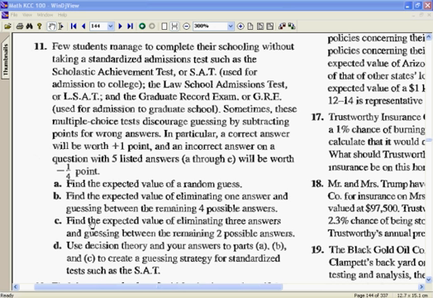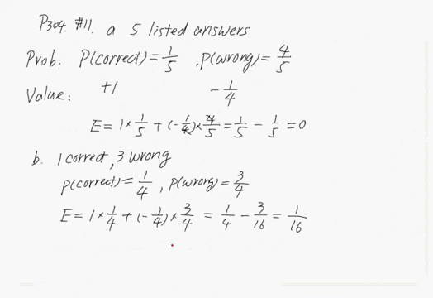Now let's look at part C. Find the expected value of eliminating 3 answers and guessing between the 2 remaining possible answers. Right now, in this part C, we have only 2 answers. One is wrong, one is correct. So definitely the probability of the correct answer is 1/2, and so is the probability of the wrong answer.